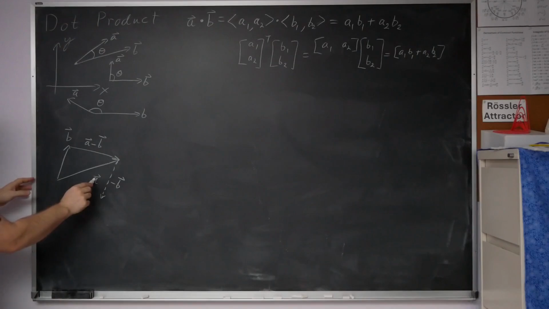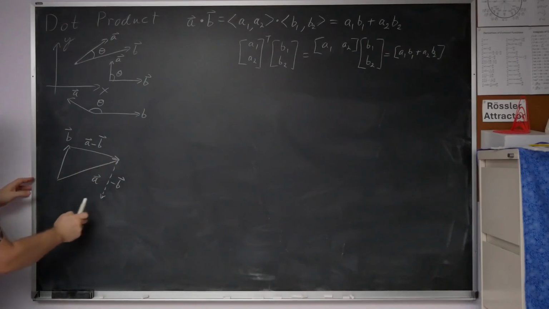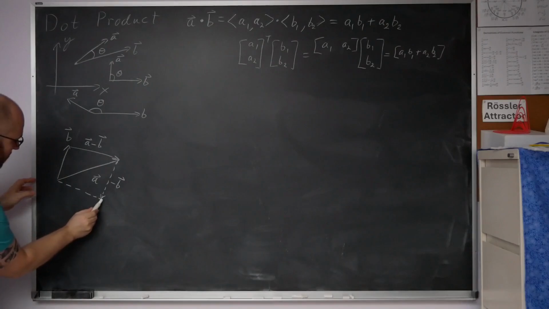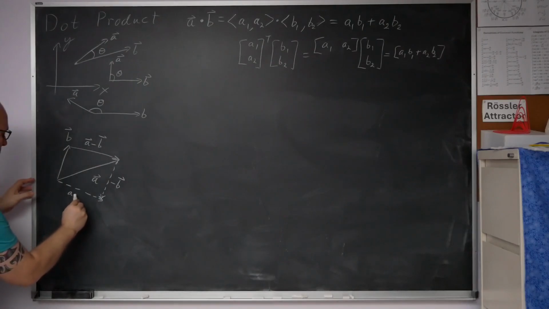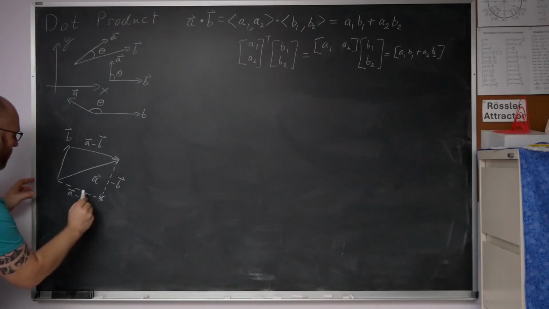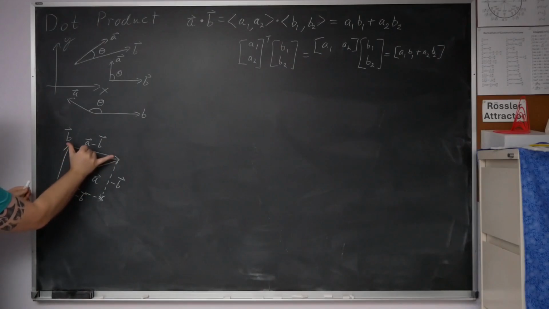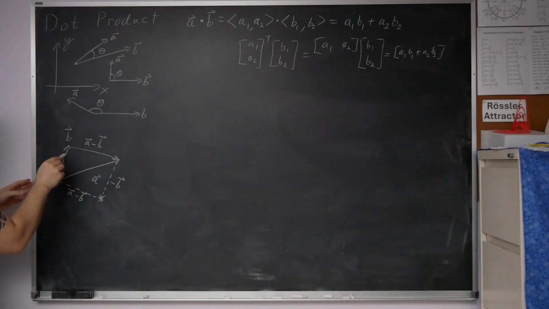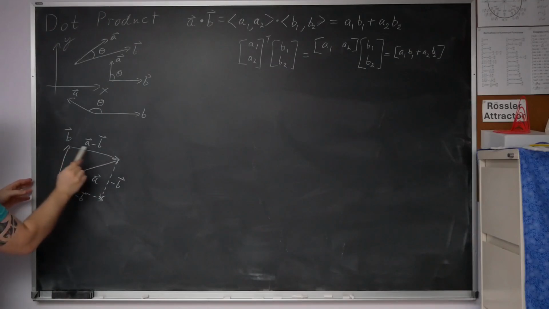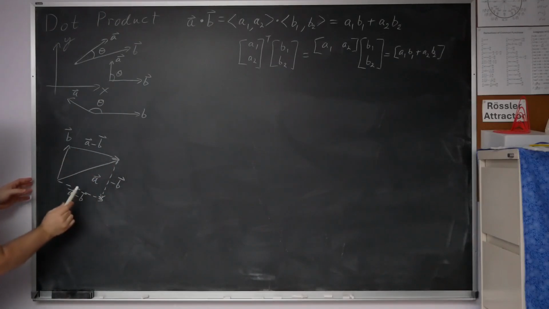If I have A plus negative B, then the vector I form is going to be A minus B. If I take this A minus B vector and move it up here, it's the same vector. So if this vector is A and this vector is B, then A minus B is this one right here, which is the same as the one down here, it's just been shifted.